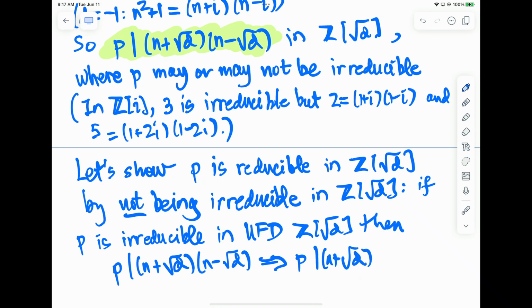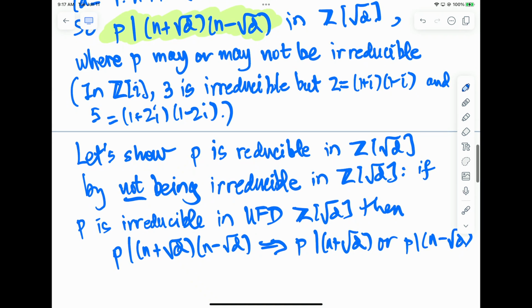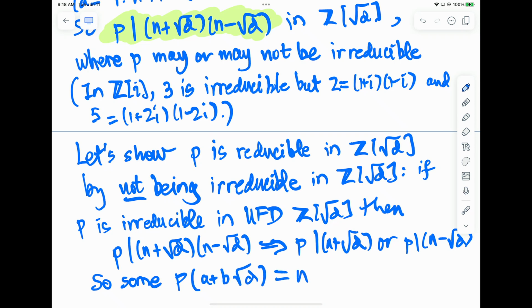Who knows which? Well, if you know about conjugation on quadratic rings, if one of these happens, the other one has to happen. But in any case, irreducible goes into a product means it has to go into one of the factors, which means some multiple of P in this ring has to be one of those numbers.